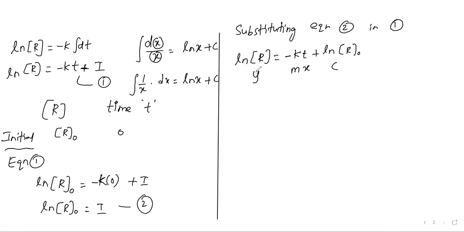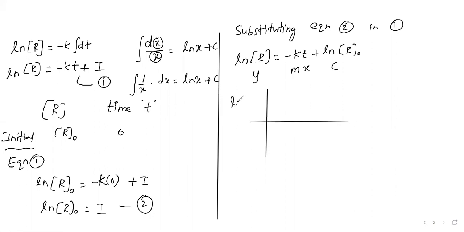Which quantity is to be taken on the y-axis? If this is the form, ln of R equals minus kt plus ln of R0, you have to take ln of R on the y-axis, right? Now you see the slope here.